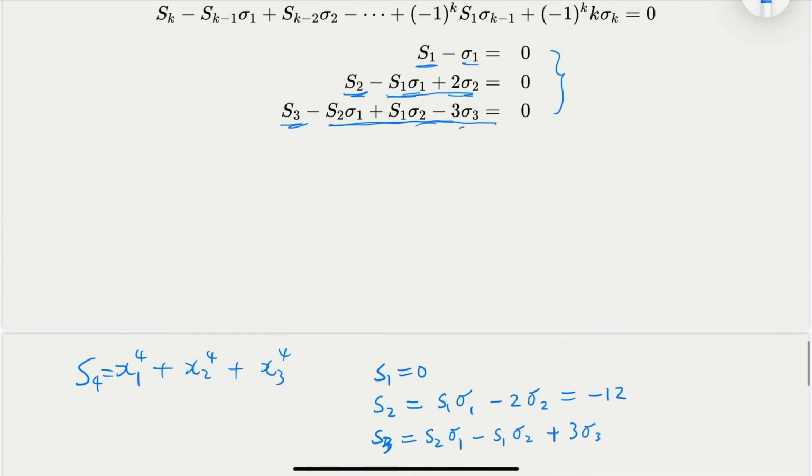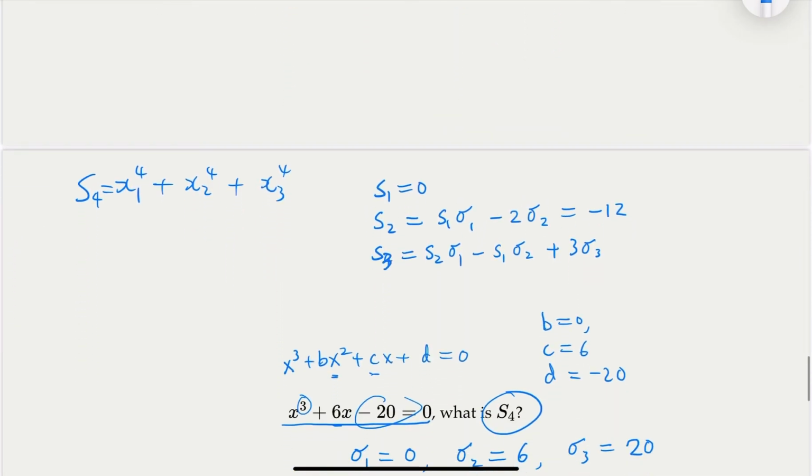Then you plug in the results from earlier. S2 is -12, sigma 1 would be 0, minus S1 that would be 0, plus 3 sigma 3, where sigma 3 is 20. That gives us 60.